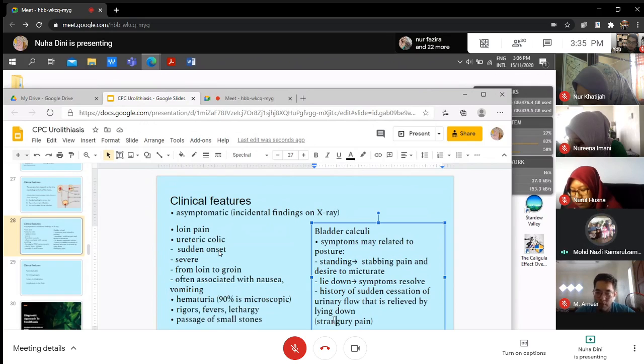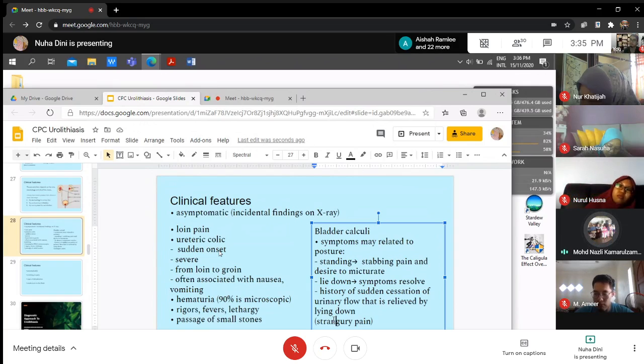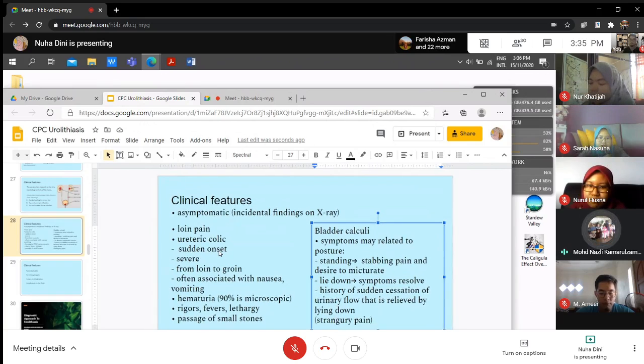So the classical description in textbooks is strangury in the bladder stone, loin to groin in the renal stone, and groin to genitalia, male or female, both will get similar radiation, in the ureteric stone. That's classical. Another thing is pain at the tip of the penis in the bladder stone, also a classical presentation of bladder stone.